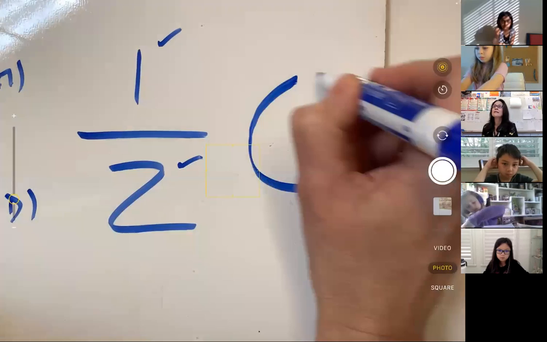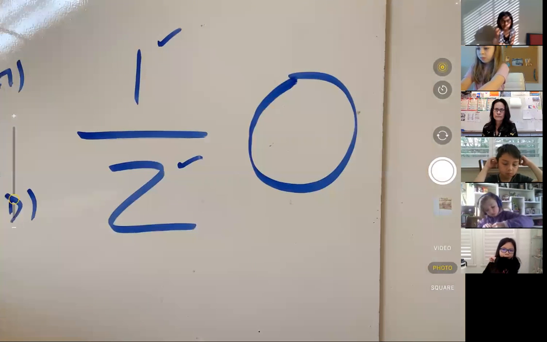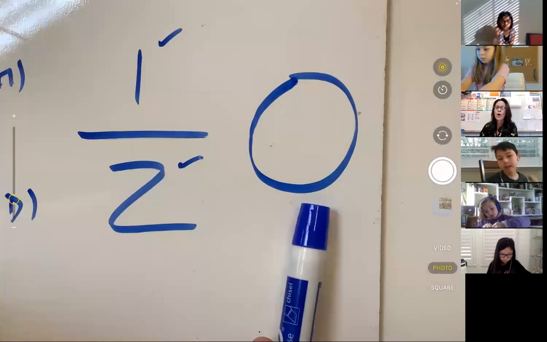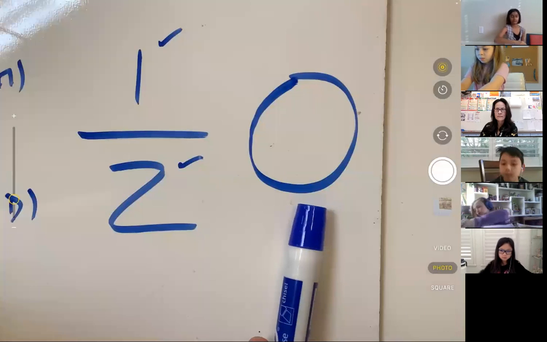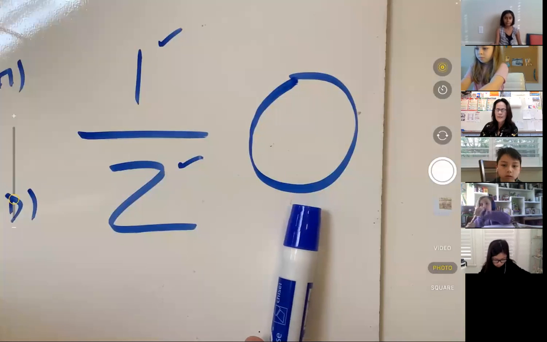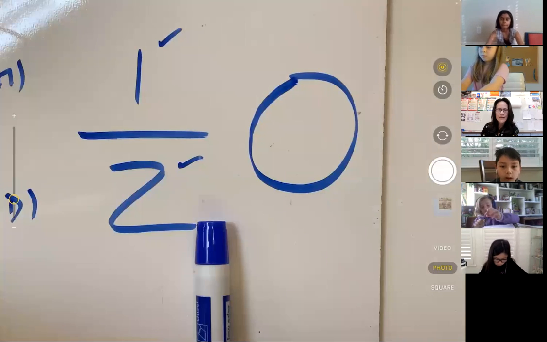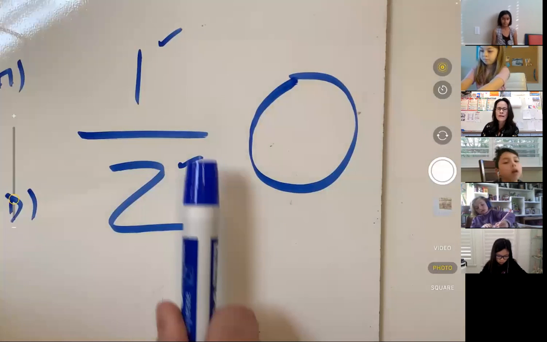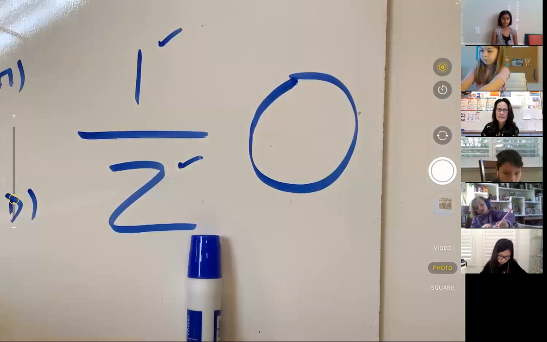We're going to call that circle a pizza. This is a whole pizza. But what this fraction is telling us is that we are going to be considering 1/2 of this pizza.